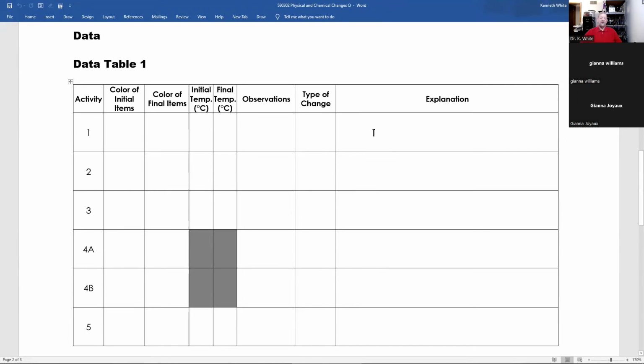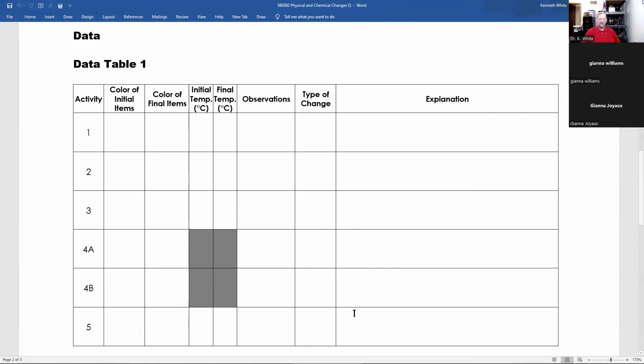So if you saw a gas form, bubbles, you can say gas bubbles were formed, and that's an indication of a chemical change. Or nothing happened, so there was no chemical change. And this is due next Tuesday.